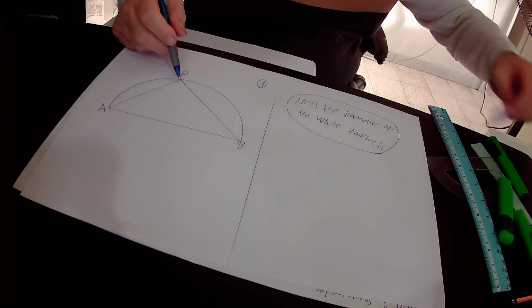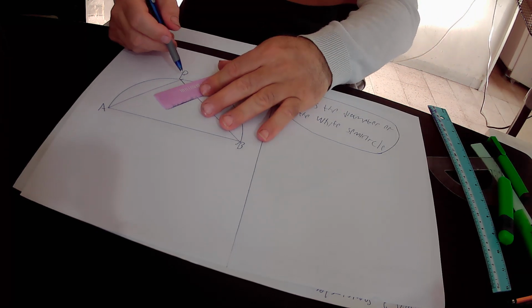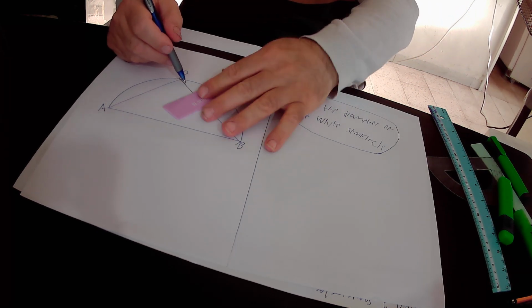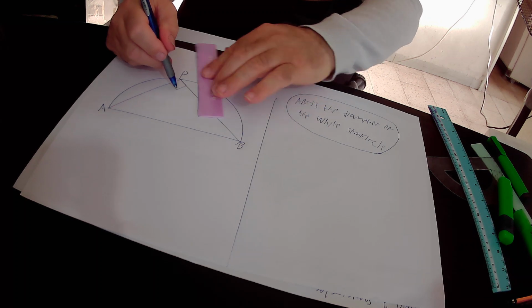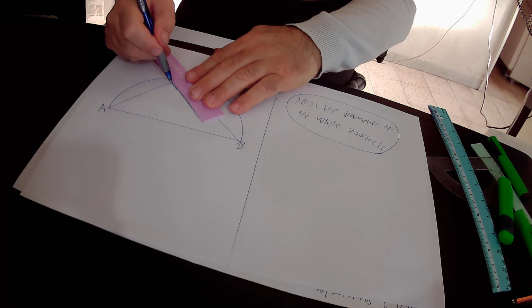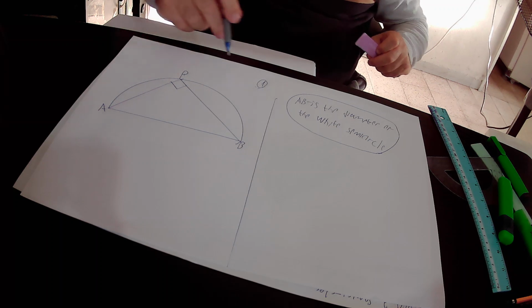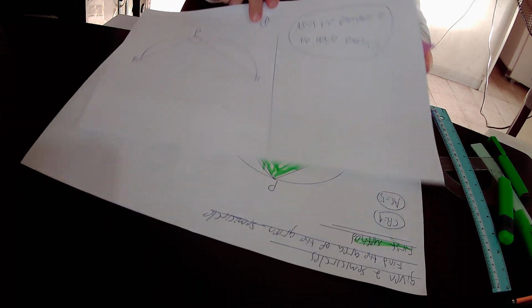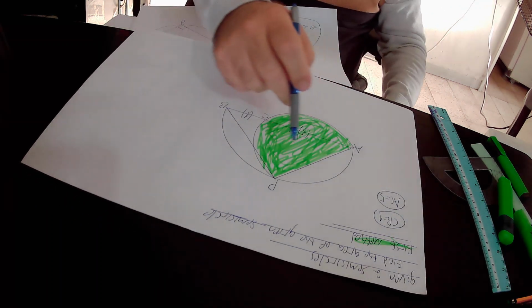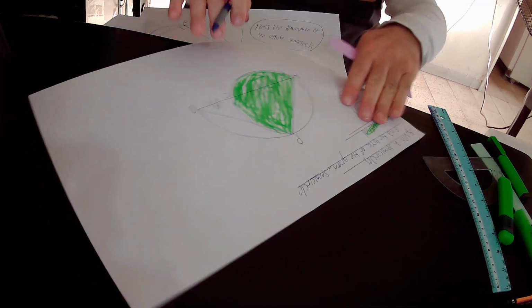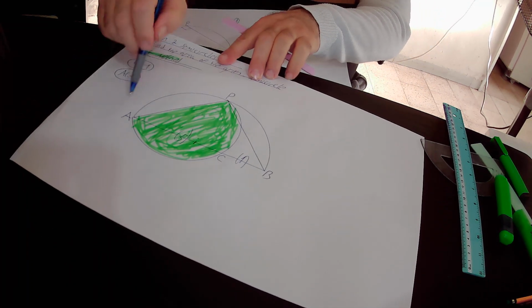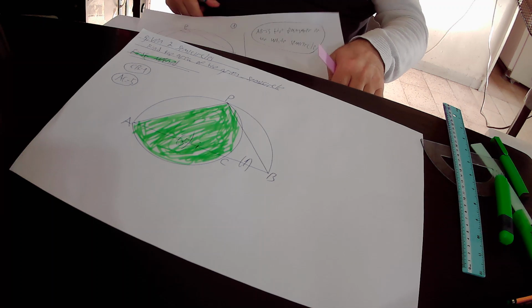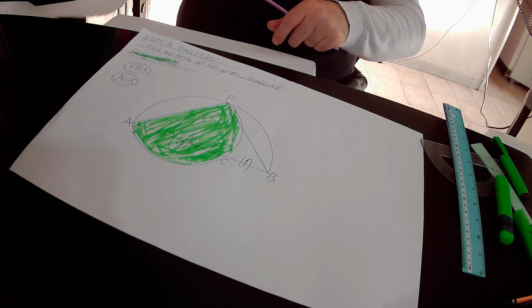So this is a right angle. Peripheral angle APB is a right angle according to rule 7.